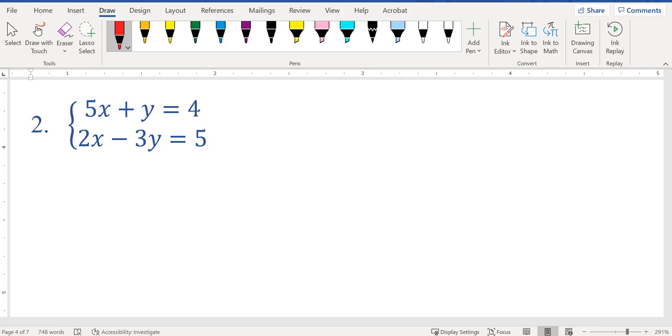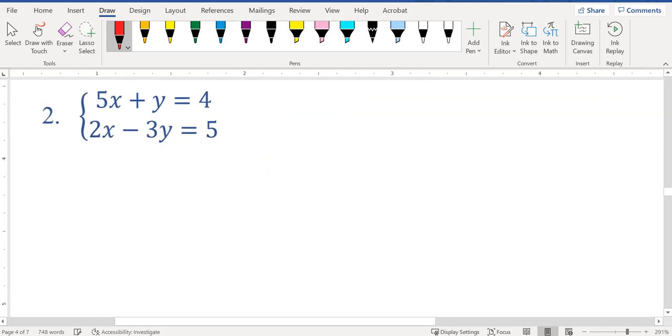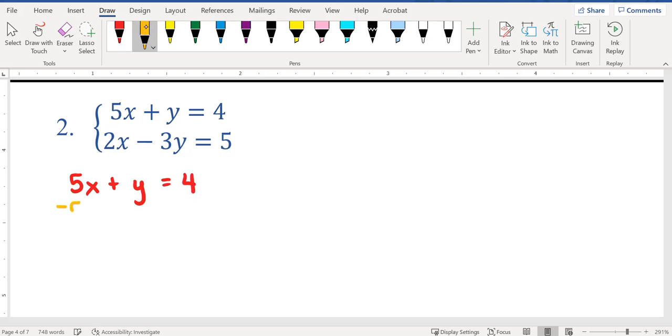Let's go look at number 2. I see that I can isolate y in that top equation pretty quickly. So let's do that. If I have 5x plus y equals 4, to get y by itself, subtract 5x from both sides. That leaves me with y equals -5x plus 4.